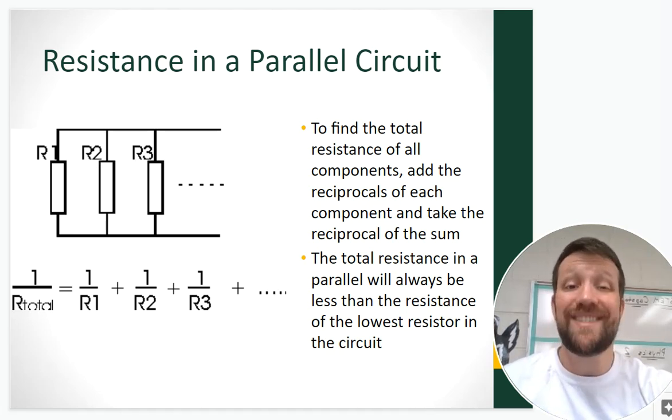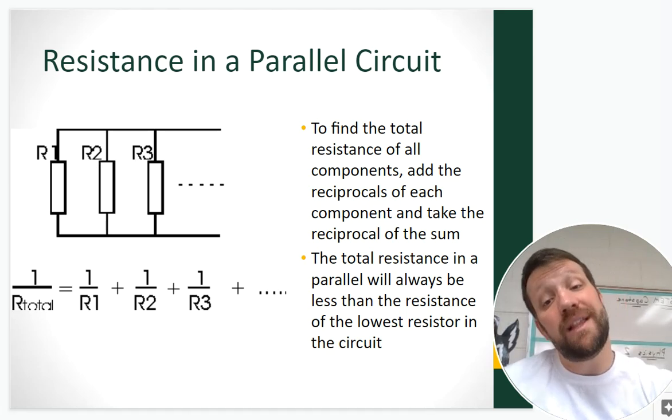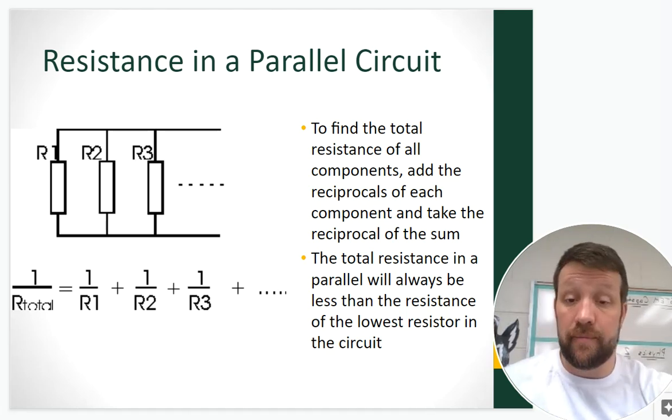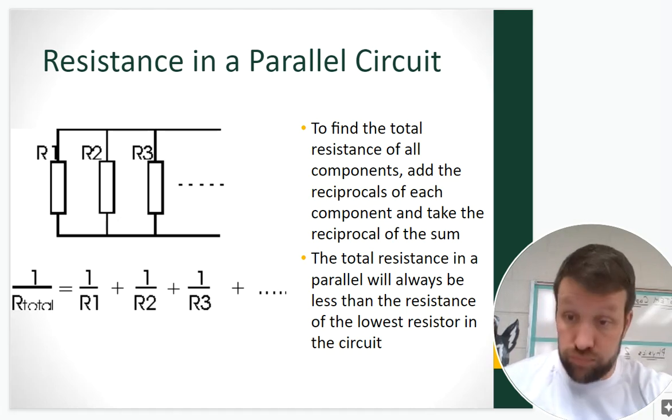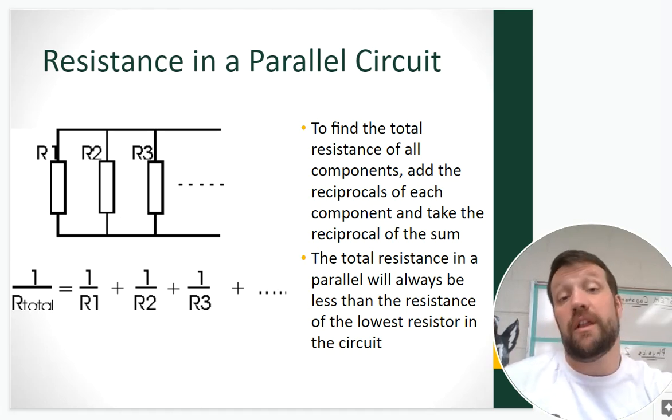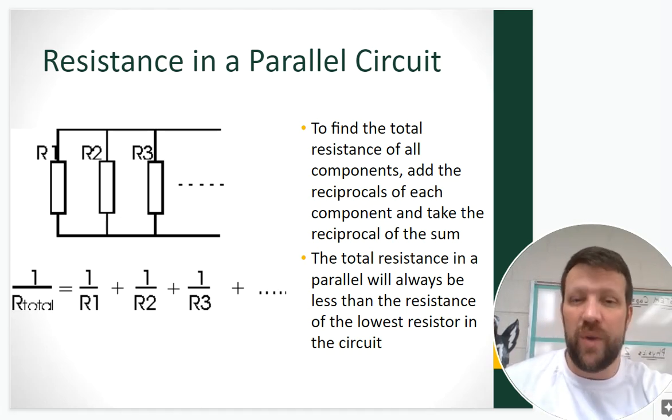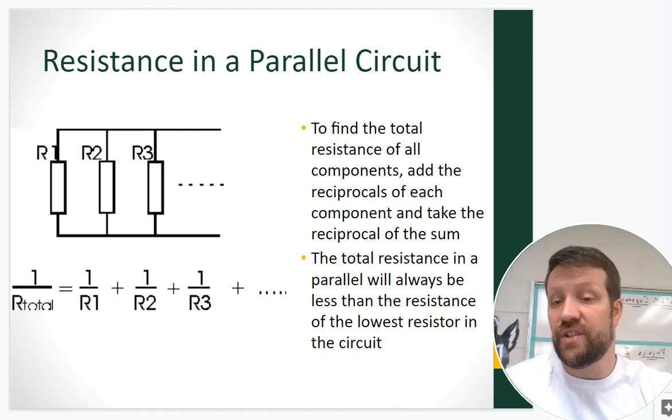The total resistance will always be less than the smallest resistor. This makes parallel circuits crazy efficient in comparison to series circuits. And we use these mostly when we are developing circuits at this point in time. Now, we use kind of a combination, but we'll get to that in just a sec here.